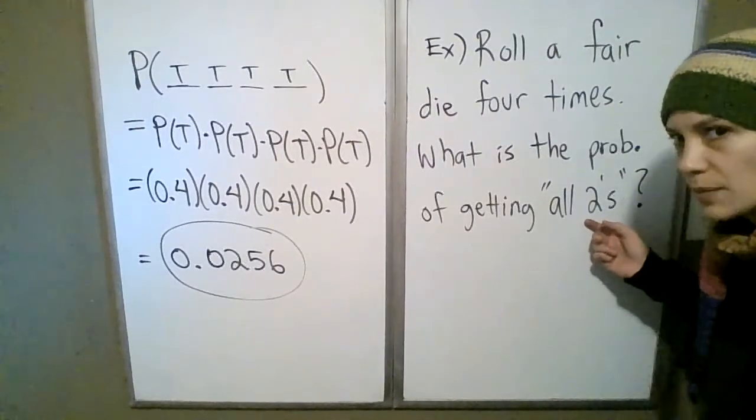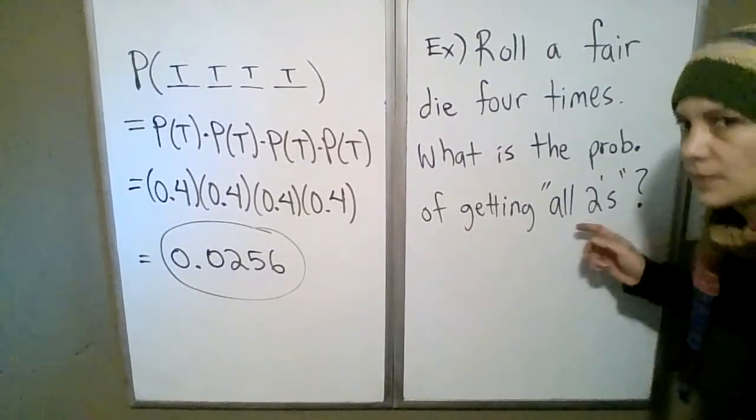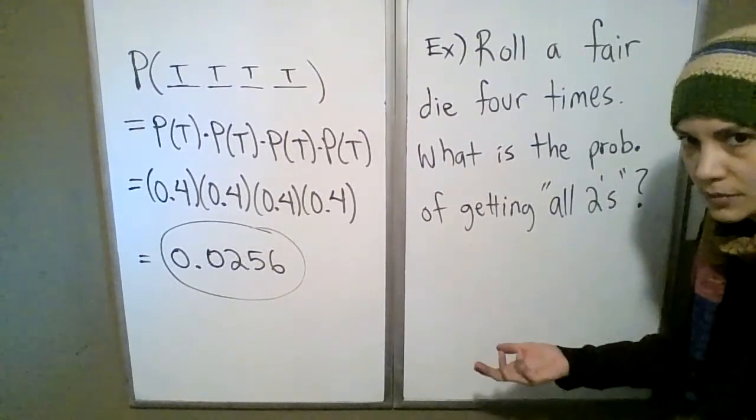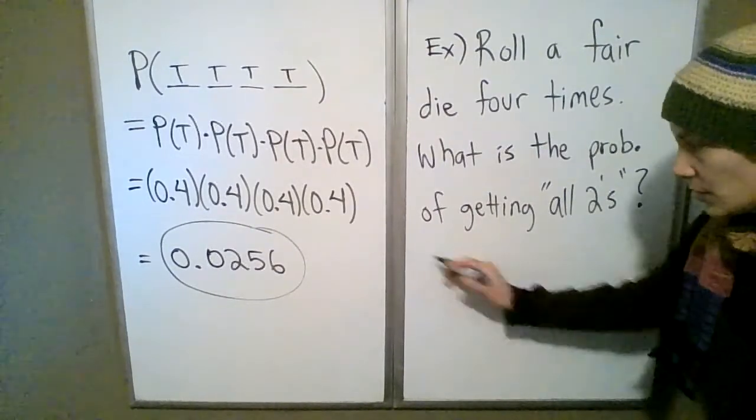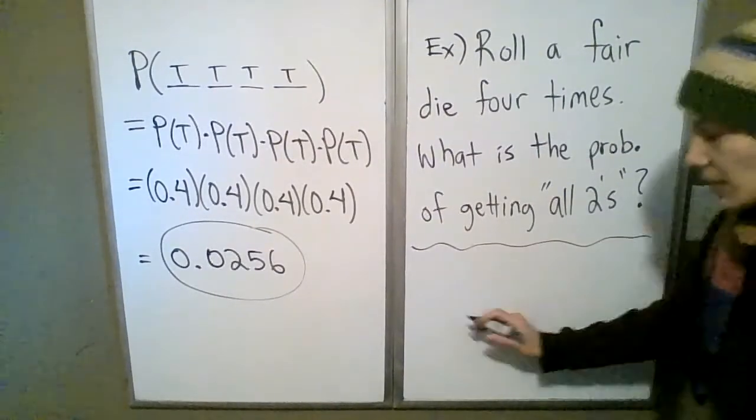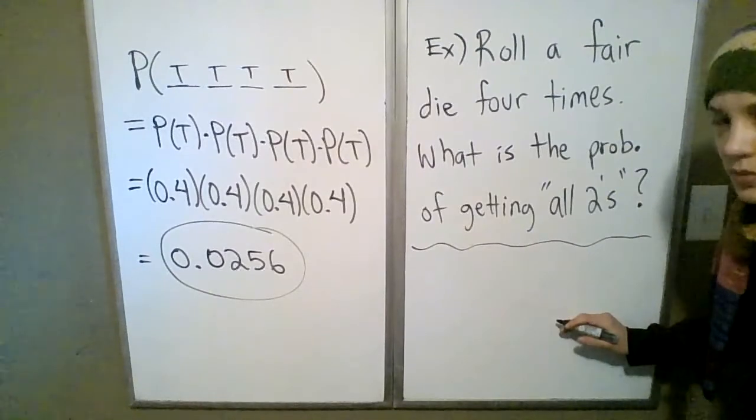So all of the same number, and that number is 2. So every time you roll, you got 2. And there are 4 rolls. So I do this 4 spaces.